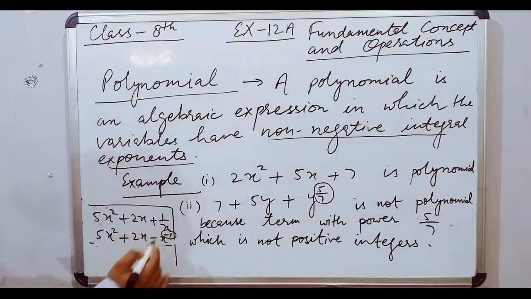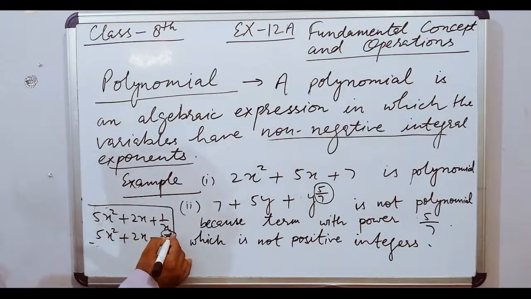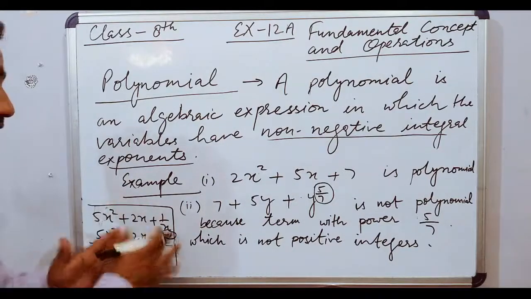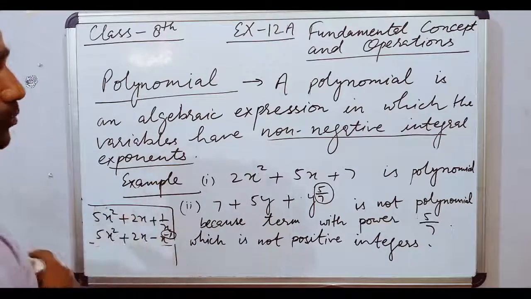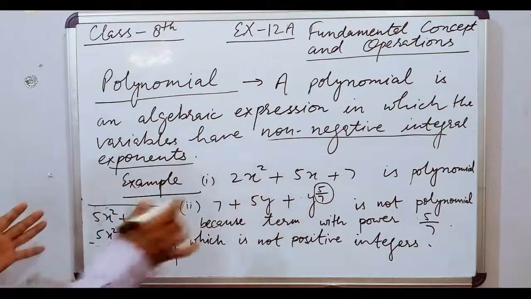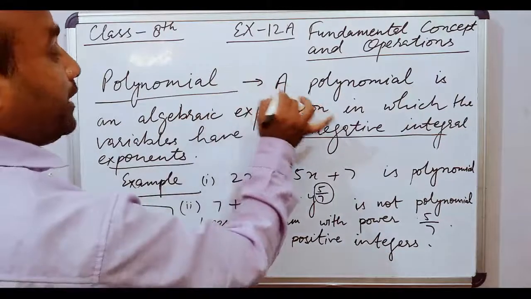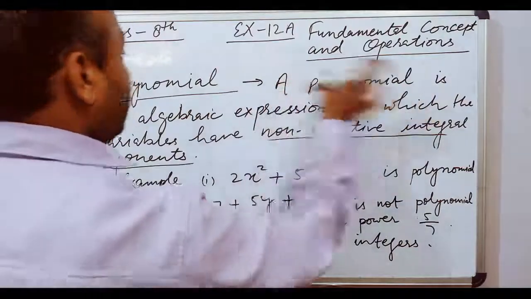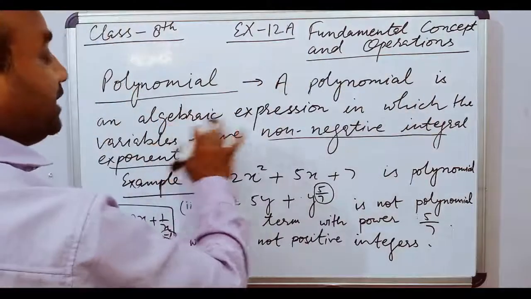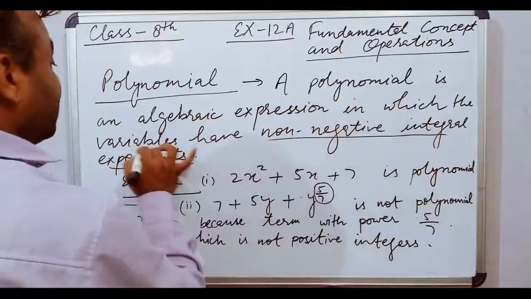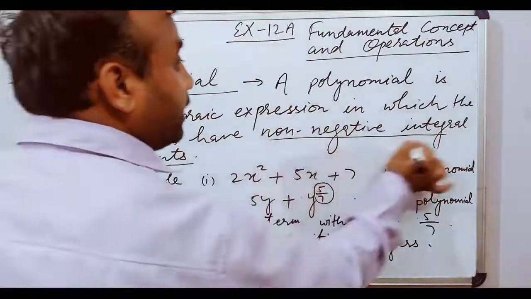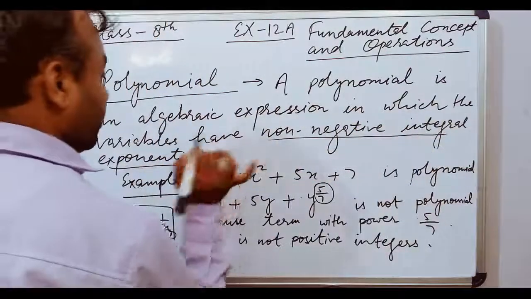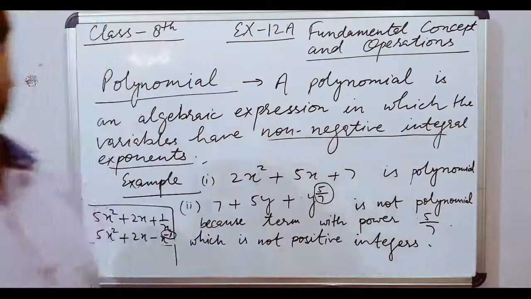It is a negative integer, so it is not a polynomial. So again I am making you understand that a polynomial is an algebraic expression in which the variable has a non-negative integral exponent. Exponent means power. Okay.